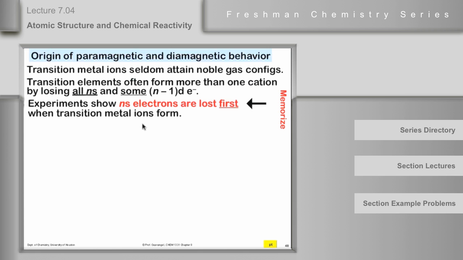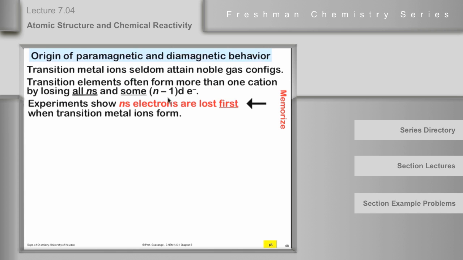So what I want to do is to talk about what's left after you take out the 2 s electrons and 1 or 2 d electrons. All right? Usually, with a few exceptions, you end up with some d electrons left. These d electrons are unpaired in most cases.